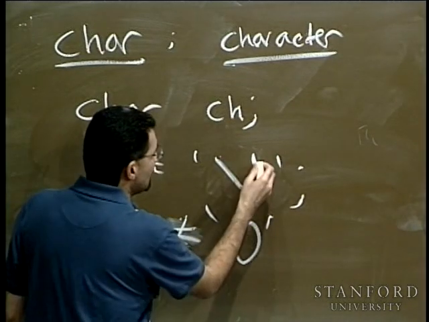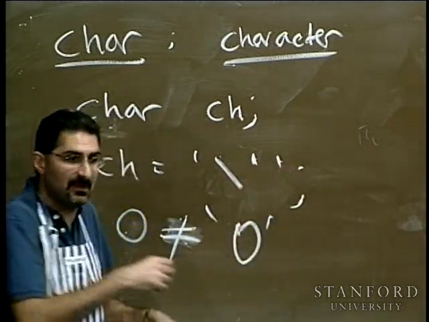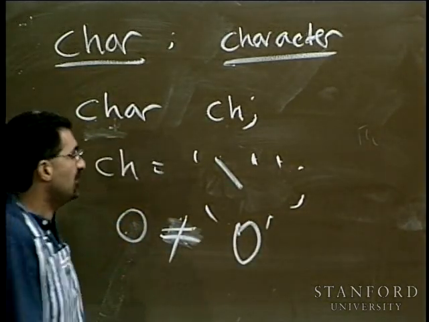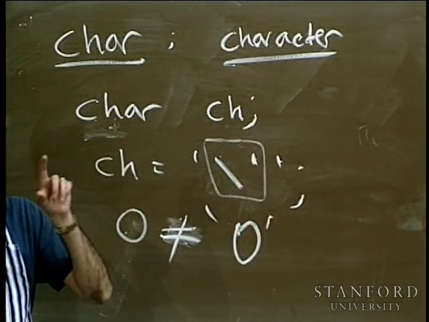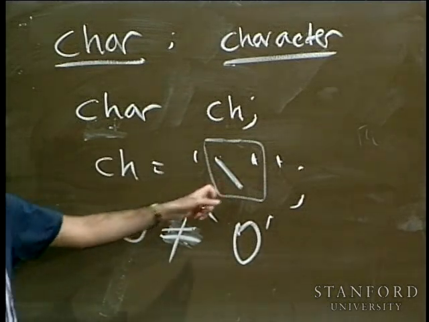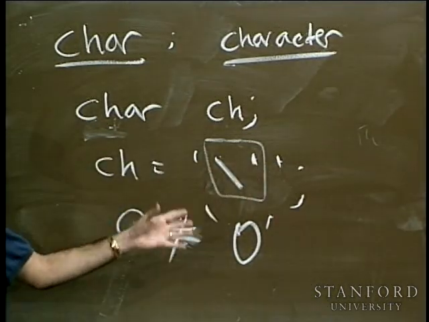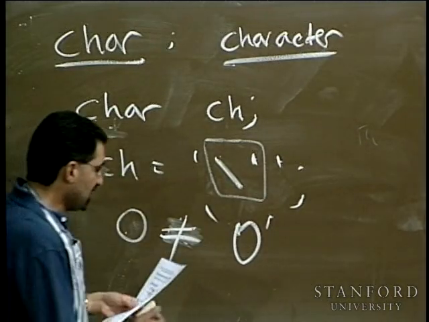When it sees a backslash, it says treat the next character as a literal character, not as any special symbol that, for example, closes the definition of a character. So this whole thing is just the single character apostrophe or single quote, and it's inside single quotes, so that's how it knows that this is supposed to be the character single quote as opposed to the closing of the character.